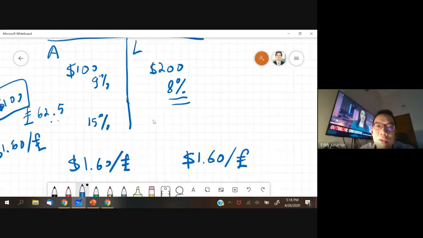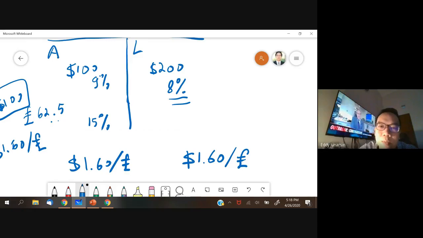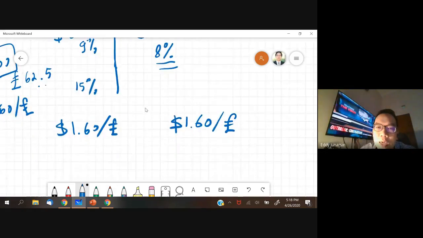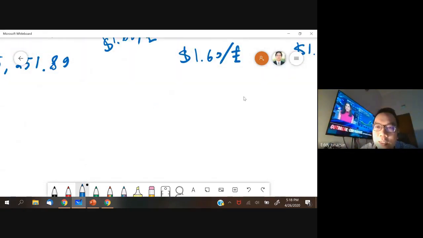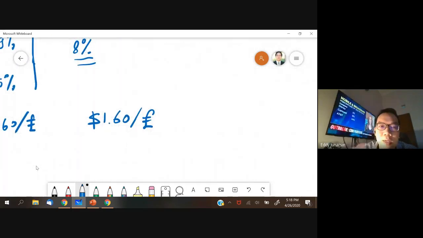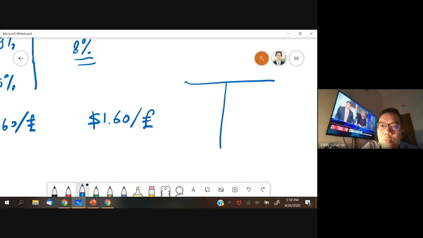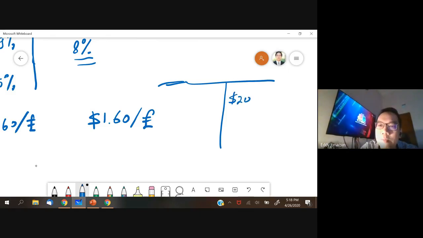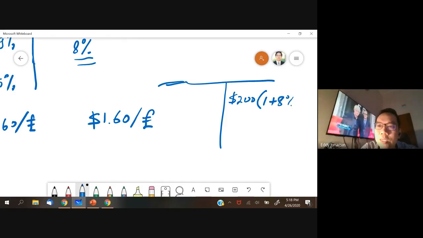So let's see the situation. Your total liabilities are 200 million. So you have to pay how much 1 year later? You have to pay 200 million times 1 plus the interest charge of 8%, right?